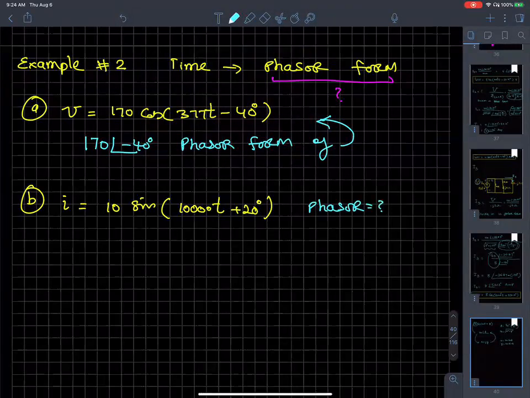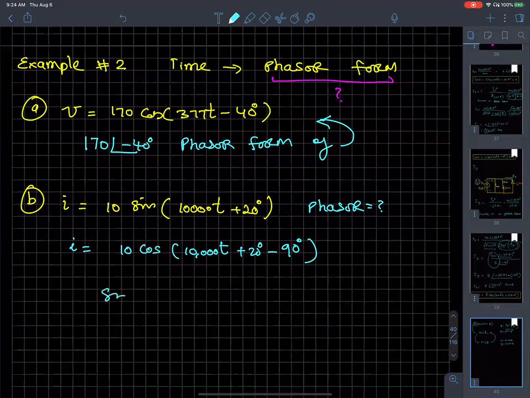In order to find the phasor form, all I'm going to do is write this guy. I is 10 sine 10k t plus 20 degrees, minus 90 degrees as a cosine.